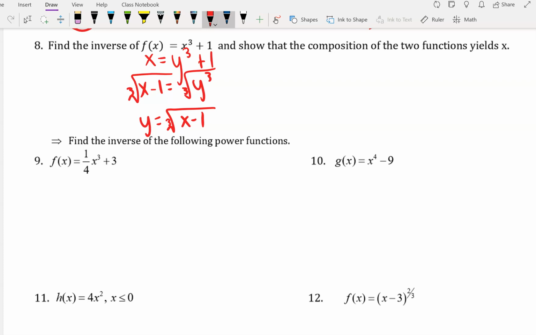I'm going to plug that inverse into the original function. So instead of x, I'm going to put cube root of x minus 1. But then it said we wanted to cube it, and then plus 1. So I plugged the inverse into the original function.